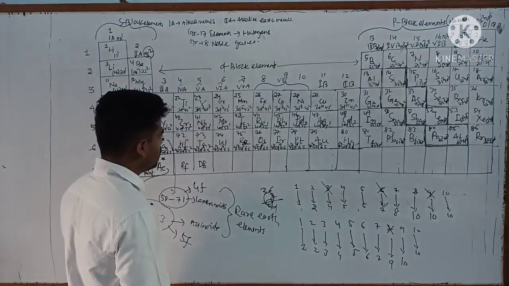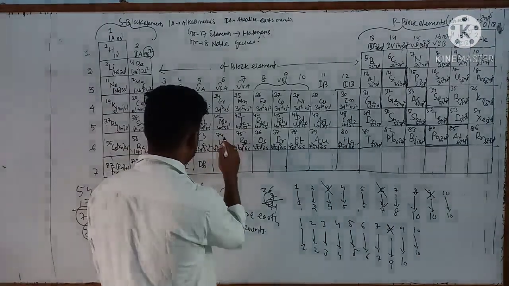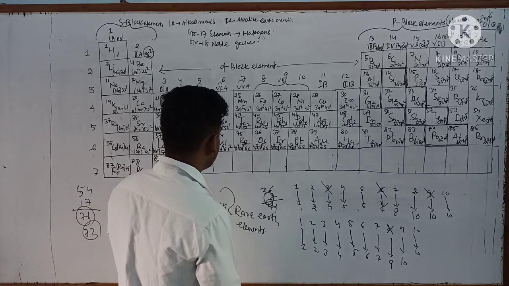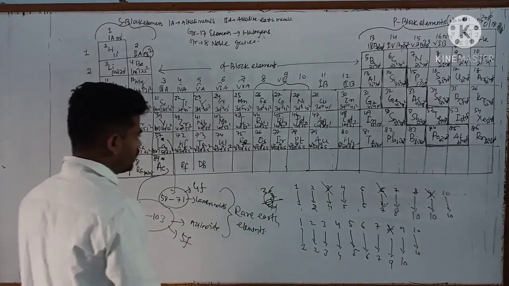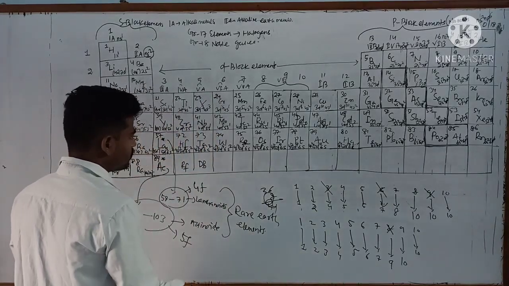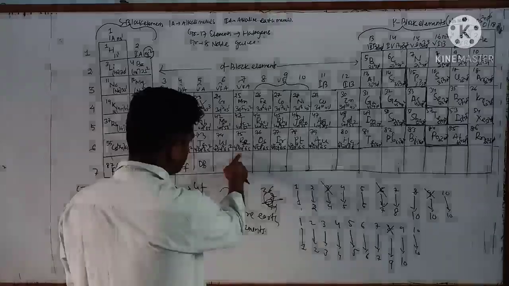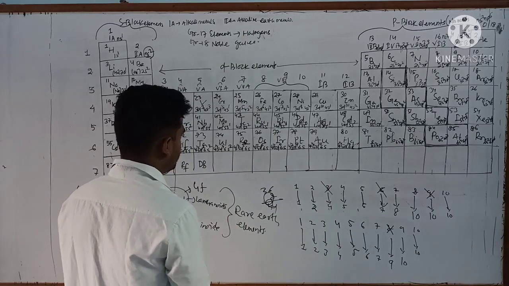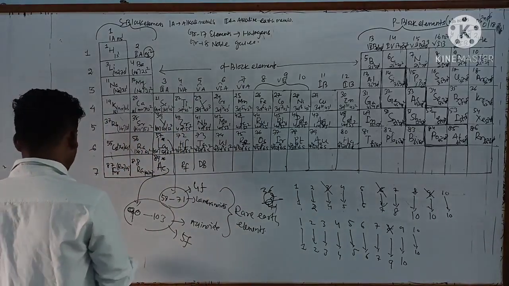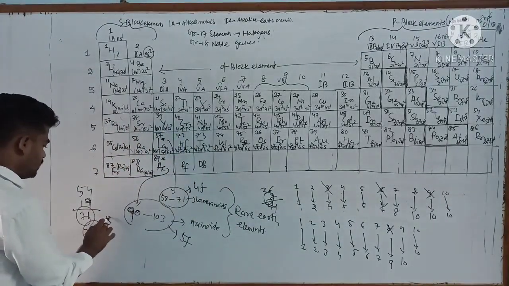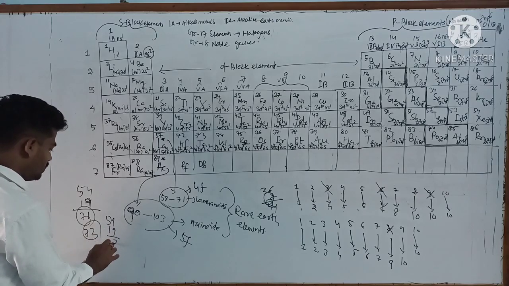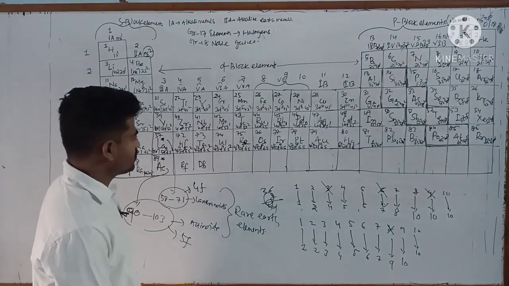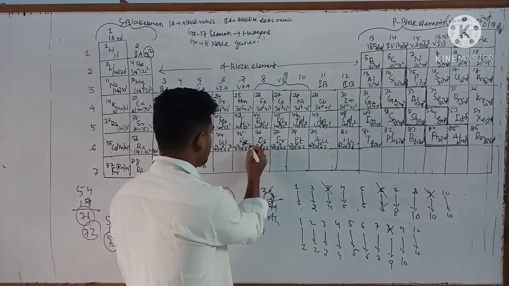Then you just add 72, that is 74, that is 2. Is that clear? So 14 plus 5, that will be 19, 54 plus 19, 73. So 73 means that will be 2.